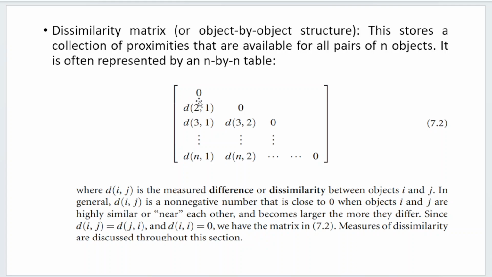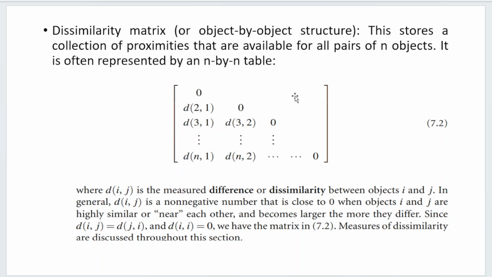For example, d of 1 comma 1 is 0, so i and j are highly similar and nearer to each other, and it becomes larger the more they differ. If the distance is more, the difference is more. Distance of i comma j and distance of j comma i are the same, and the distance between i comma i is always 0.